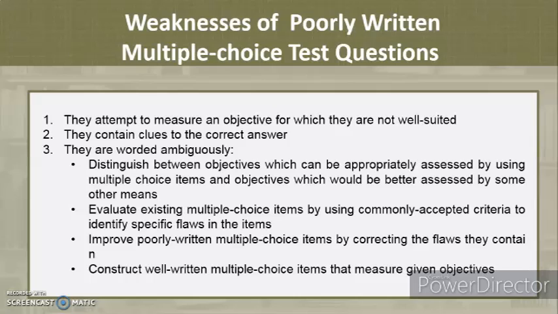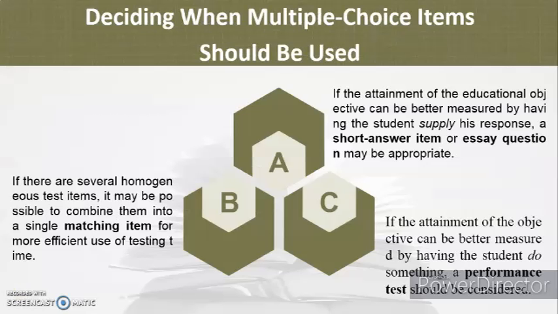Evaluate existing multiple choice items by using commonly accepted criteria to identify specific flaws in the items. Then improve poorly written multiple choice items by correcting the flaws they contain, and also construct well written multiple choice items that measure given objectives.